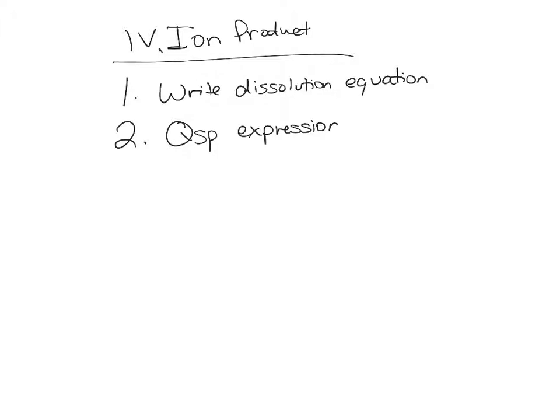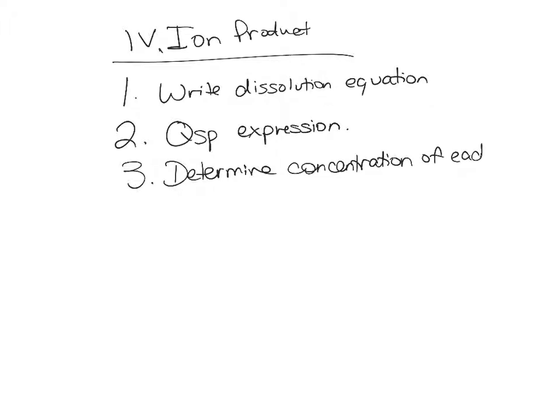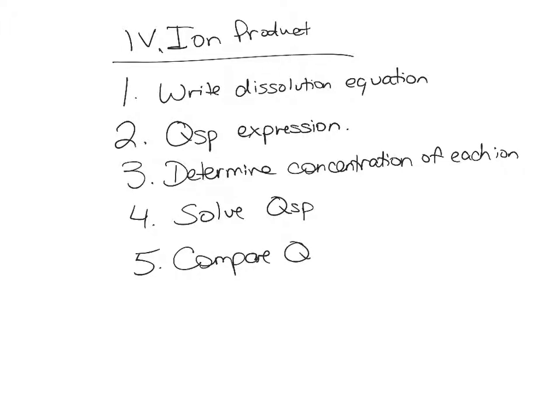We just don't know if it's at equilibrium. Number 3, we're going to determine the concentration of each ion. Step 4, we're going to solve QSP. And step 5, we're going to compare the QSP to KSP to determine if the precipitate will form.